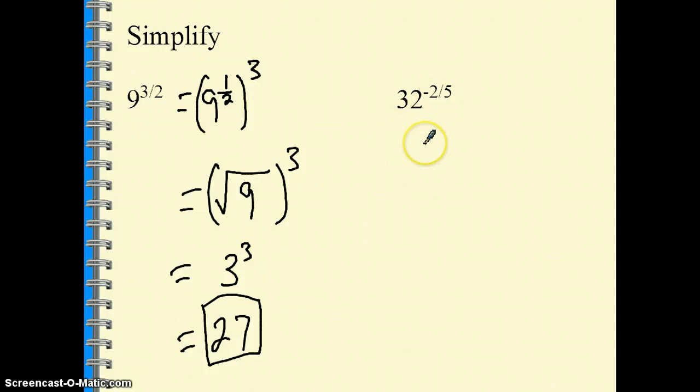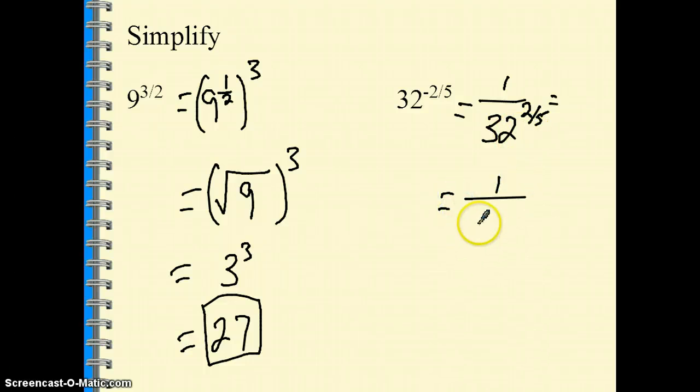All right, take a look at this one: 32 raised to the negative 2/5. Once again, we want to rewrite this. Knowing that this exponent is negative, that means it's the reciprocal of the positive exponent of 32 to the 2/5. And we know 32 to the 2/5 can be rewritten as 32 to the 1/5, and then that quantity squared.